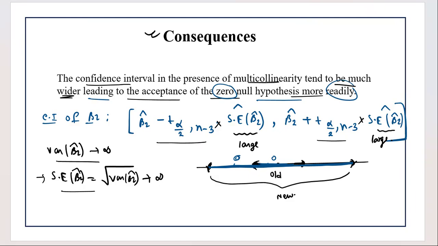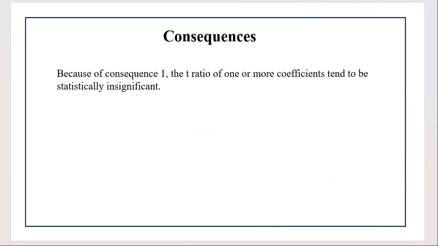Okay. Now let's go to the next consequence. The third consequence is, because of consequence 1, the t ratio of one or more coefficients tends to be statistically insignificant, right? So let's see this. What is t? The t statistic for beta 2 cap will be simply beta 2 cap over the standard error of beta 2 cap.